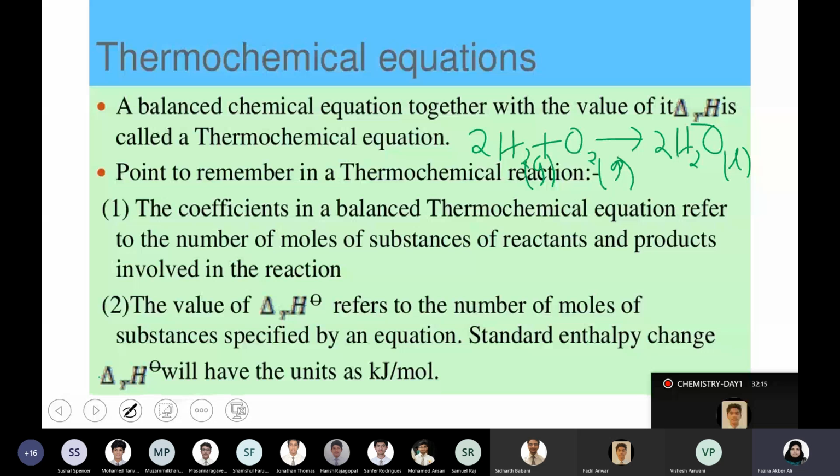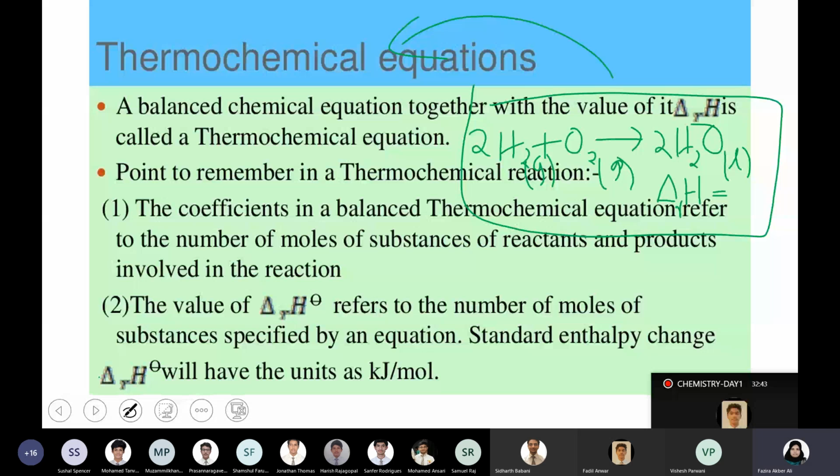If I also specify the enthalpy change for this reaction along with the equation, then the equation is known as a thermochemical equation: a balanced chemical equation along with the delta H value, the enthalpy of reaction value.